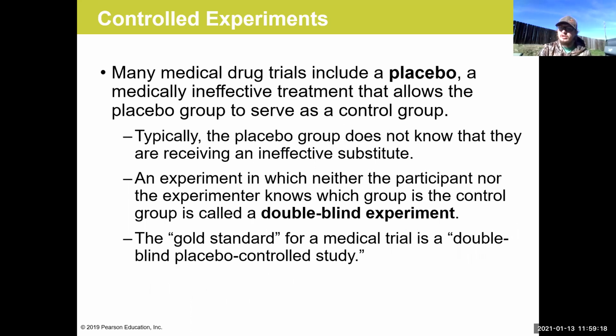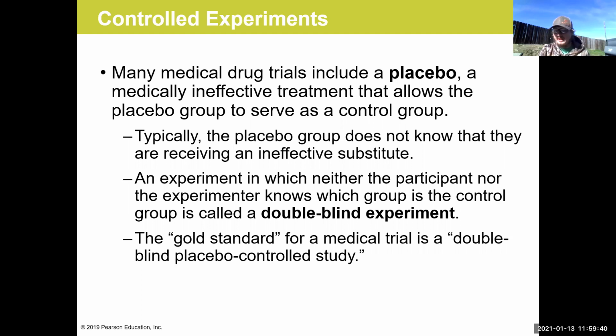Controlled experiments can also have what's called a placebo. Placebos are generally a medical term, and it's a medical treatment where the person doesn't know if they're actually getting, say, the effective treatment.